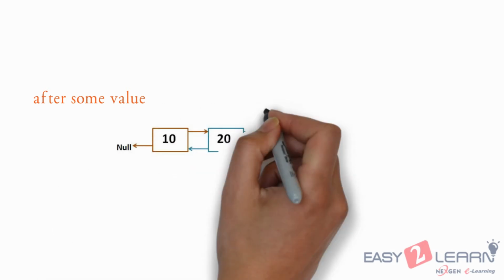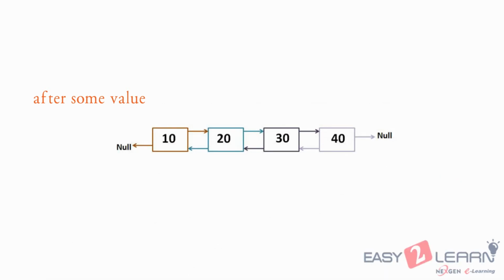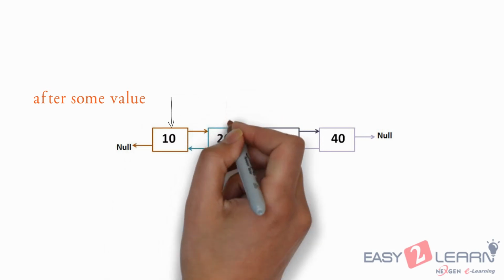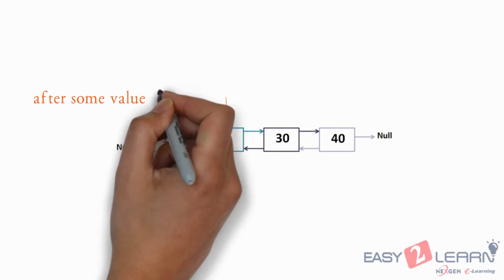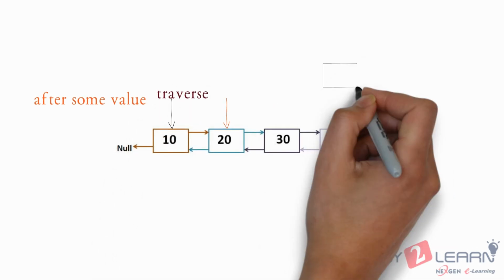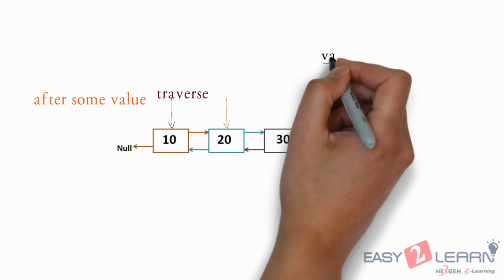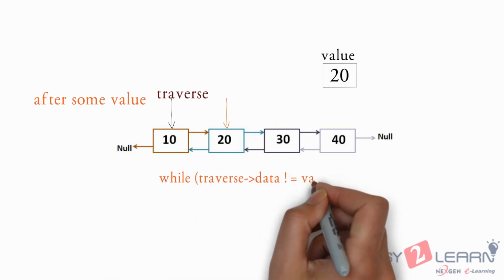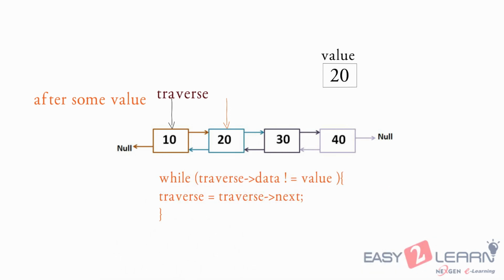Very simple here. Now let us see how to delete after some value. Here we have the same linked list, and I want to delete the value 30. So what I do, observe: the next pointer of 20 should point towards 40, and the previous pointer of 40 should point towards 20.